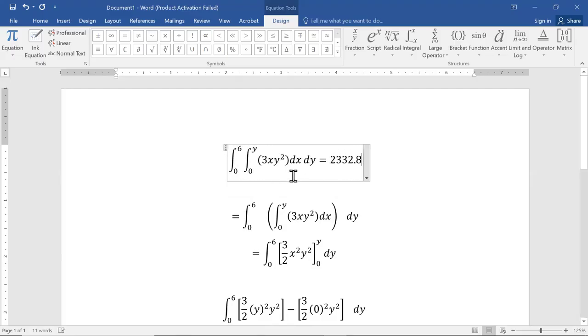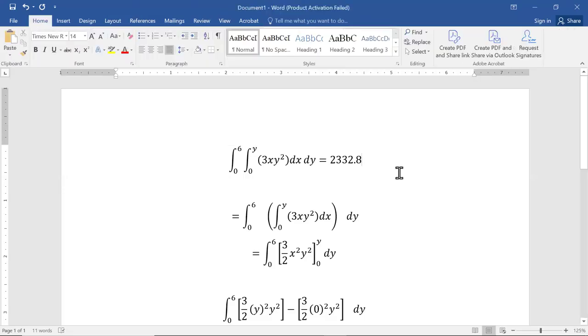So I did a double integration, integrated with respect to x, and then with respect to y, and I got 2,332.8. What does that number represent? Well, it turns out that that number represents a volume.